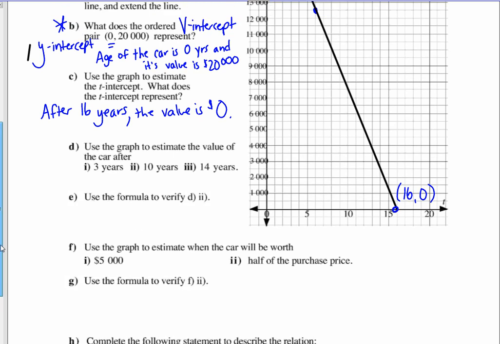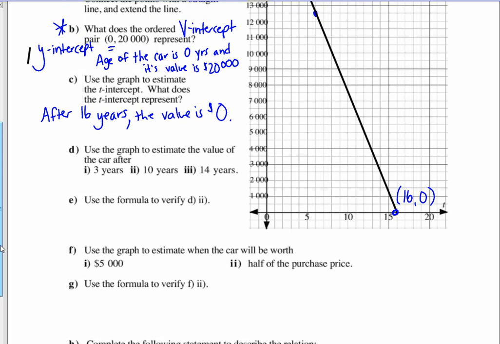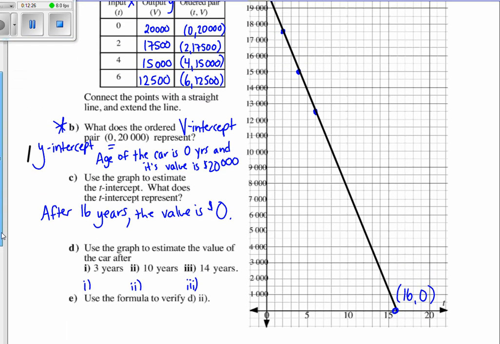All right, I'd like you to do the following. Use your graph, estimate the value of the car after 3 years, 10 years, and 14 years, and fill that in right below. It's important because we have to talk about a definition again. Let's do it together then.